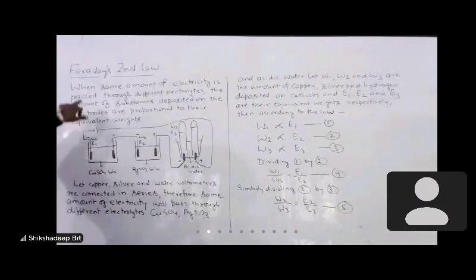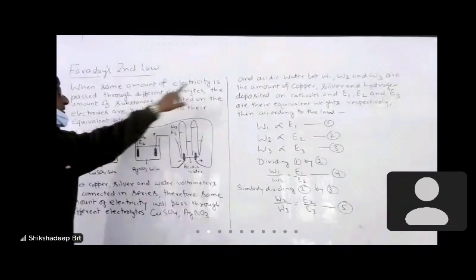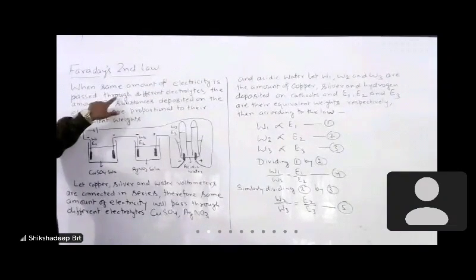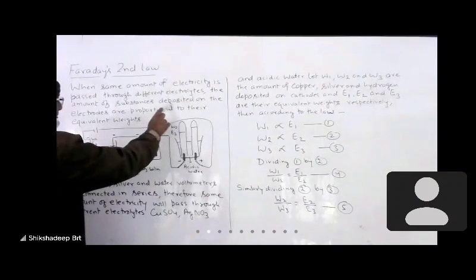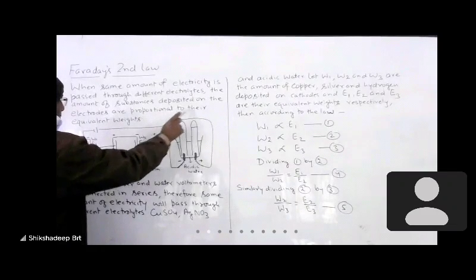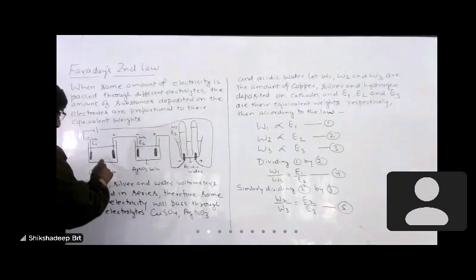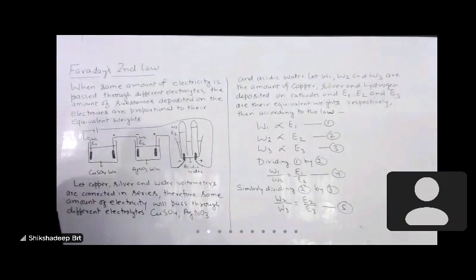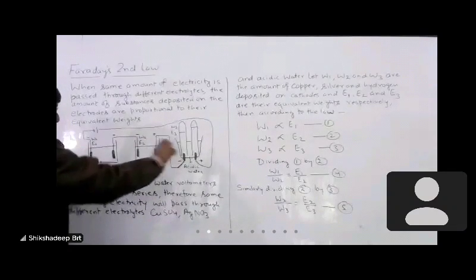Now what does this law say? When the same amount of electricity is passed through different electrolytes, the amount of substances deposited on the electrodes are proportional to their chemical equivalent. So when copper, silver and water voltameters are connected in series containing these electrolytes, the same amount is passing.